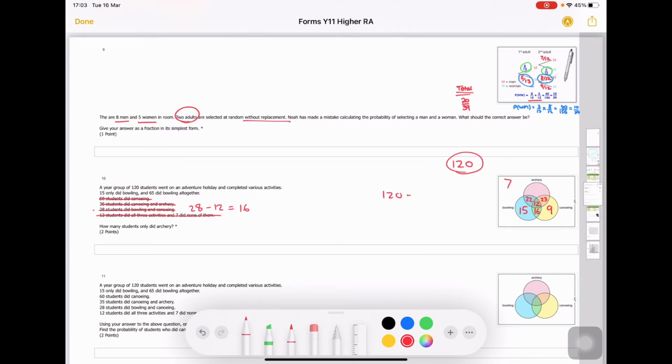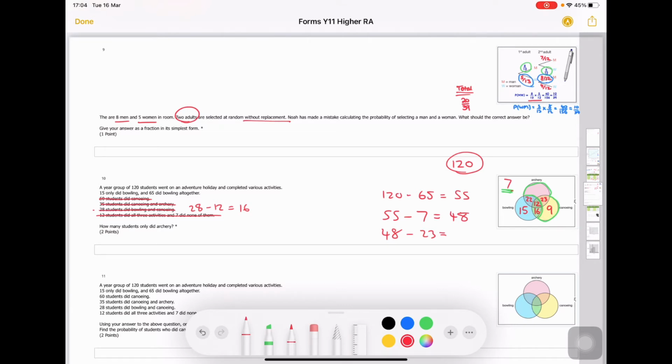120 take away 65 from bowling. We have 55 left. So what that means is these guys and these 7 will add up to give us 55. So let's write 55 take away 7 equals 48. 48 take away 23.